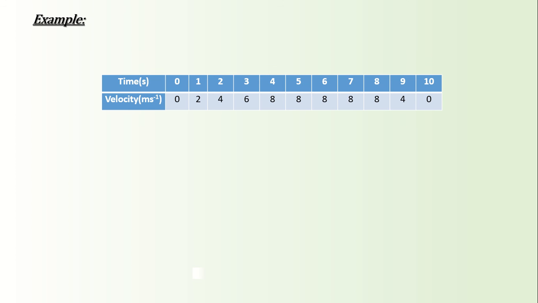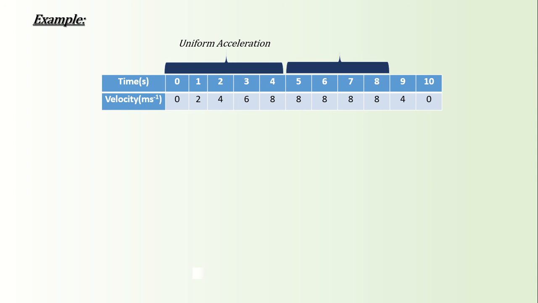Let's take another example. In the first 4 seconds, the velocity of the body increases uniformly from 0 to 8 meter per second. In this interval, the acceleration is uniform. From 5 to 8 seconds, velocity remains 8 meter per second.